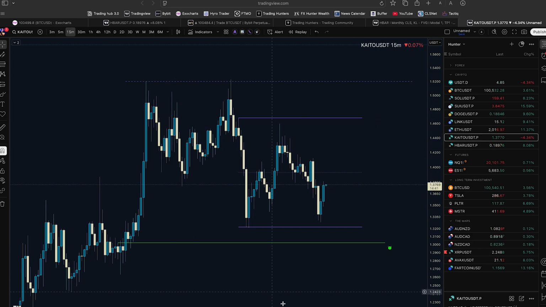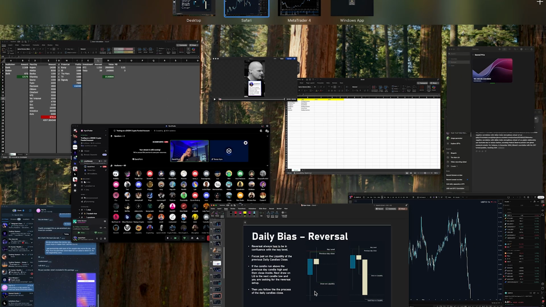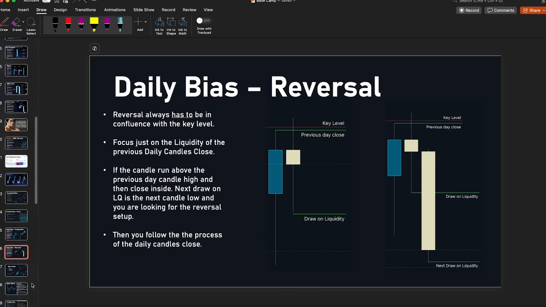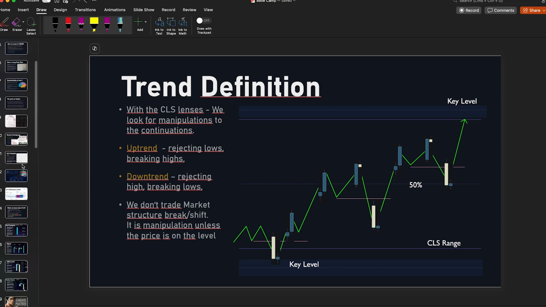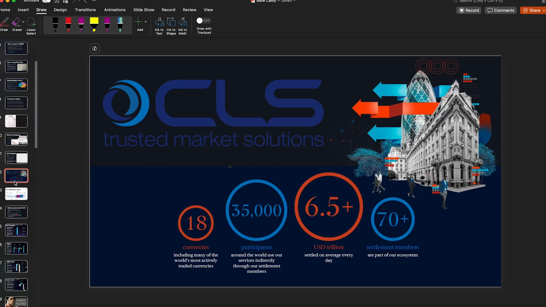Okay, guys. I'm actually preparing some kind of a presentation, but I will show you all of these things, right? So what is actually a CLS range, right? Let me explain. There is a market operator which is trading 6.5, it's actually already 7 trillion daily volume, right?